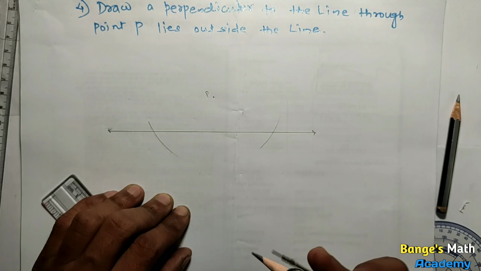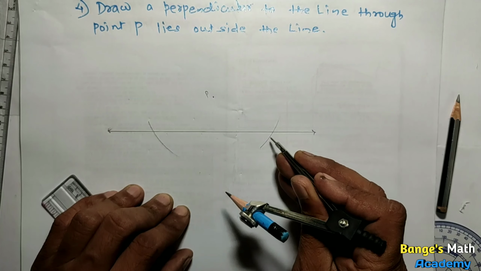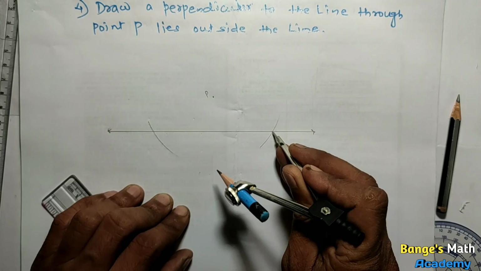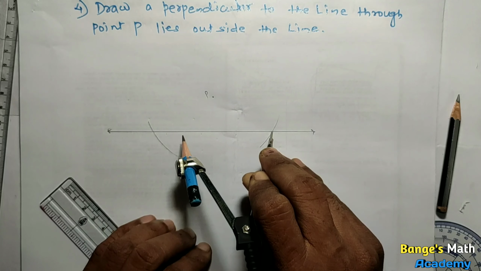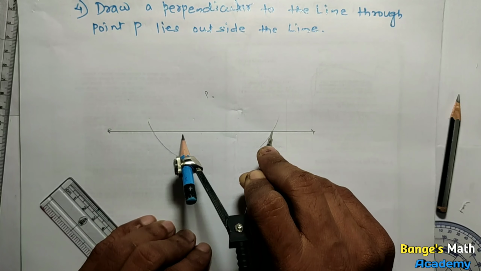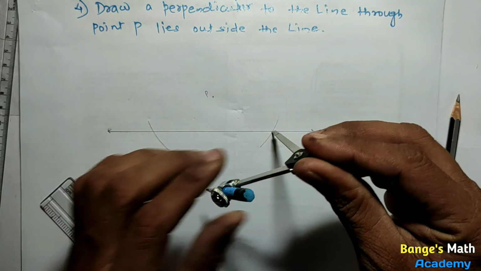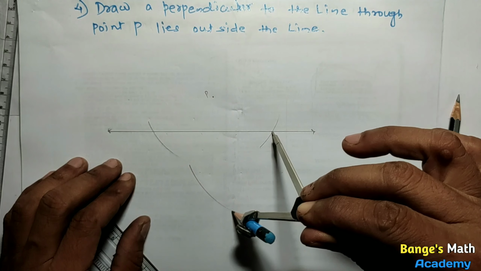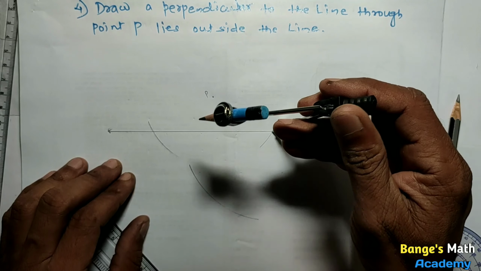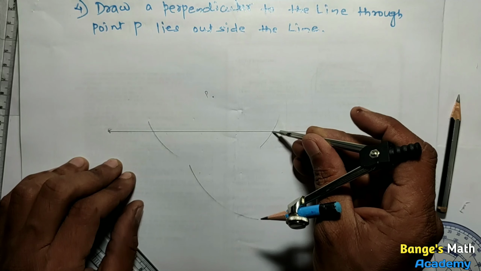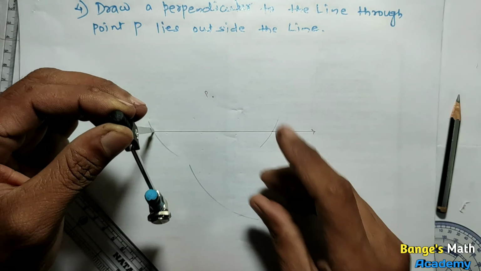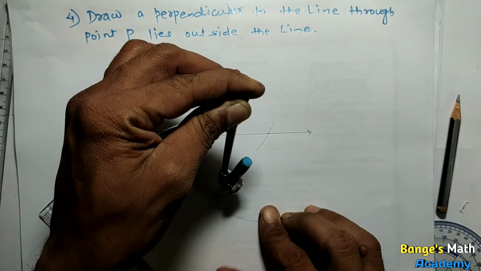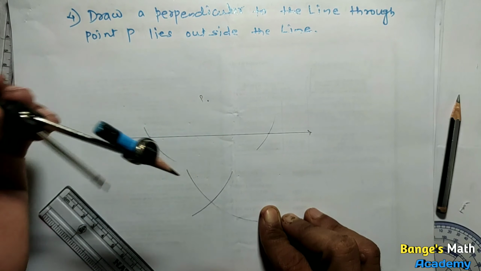Then take a distance in your compass more than half the distance between these two arcs. Then draw arcs to the lower side and, keeping the distance the same, put the still point on the other point of intersection of arc and line and draw an arc intersecting the previous arc.